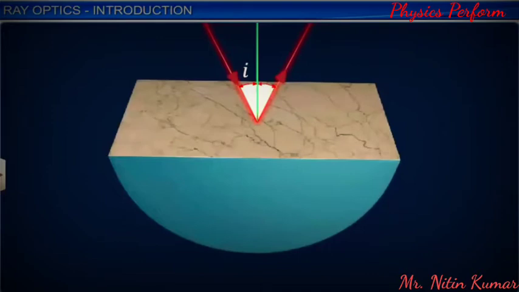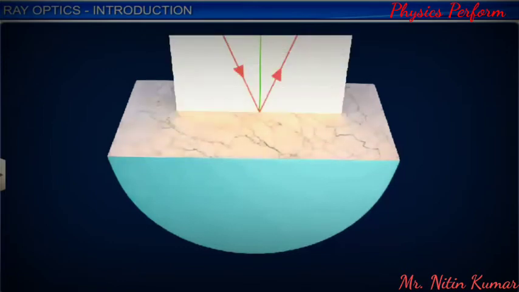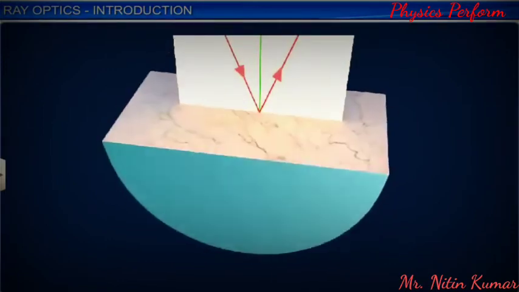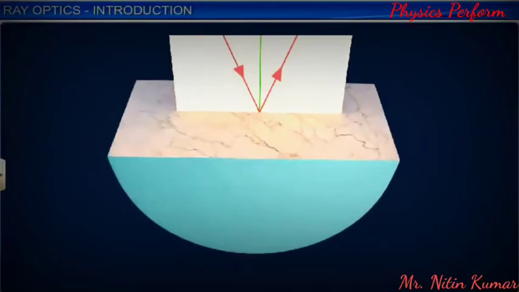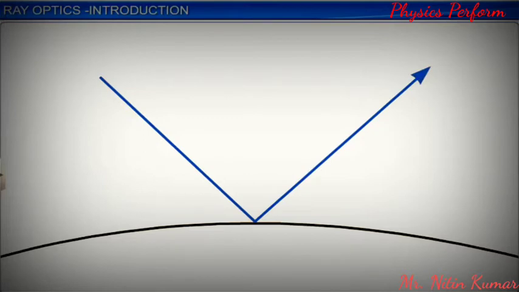The second law says that the incident ray, the reflected ray, and the normal to the surface at the point of incidence all lie in the same plane. These laws of reflection are valid in the case of curved surfaces also.